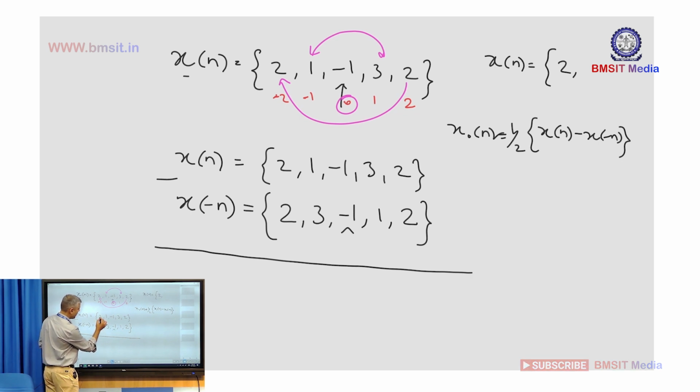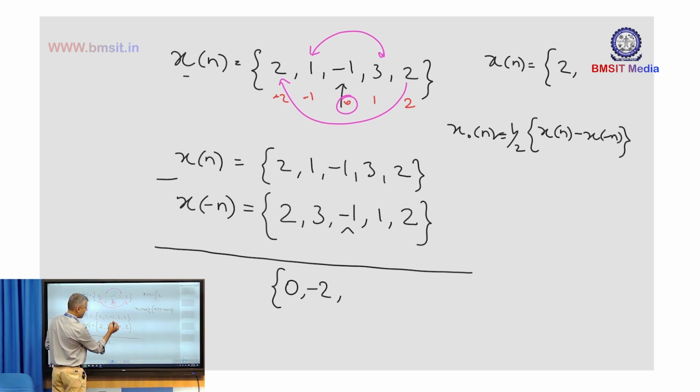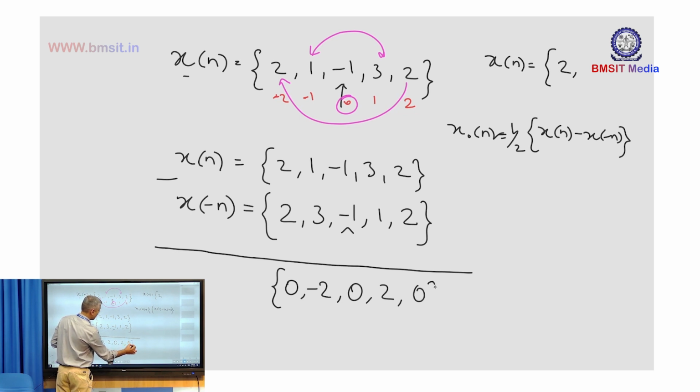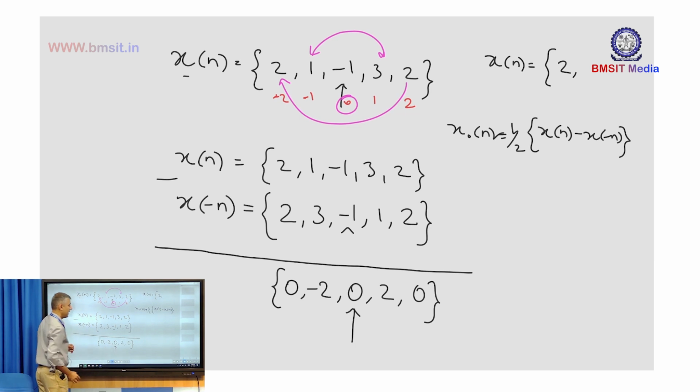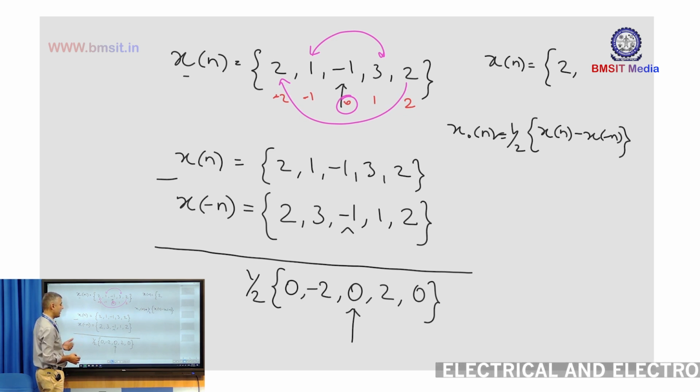So what is 2 minus 2? The resultant is 0. Similarly, 1 minus 3 is minus 2. Minus 1 minus of minus 1 is 0. Similarly, 3 minus 1 is 2 and 2 minus 2 is 0. So the origin is here. And this is to be further multiplied by half, or you can say divided by 2.